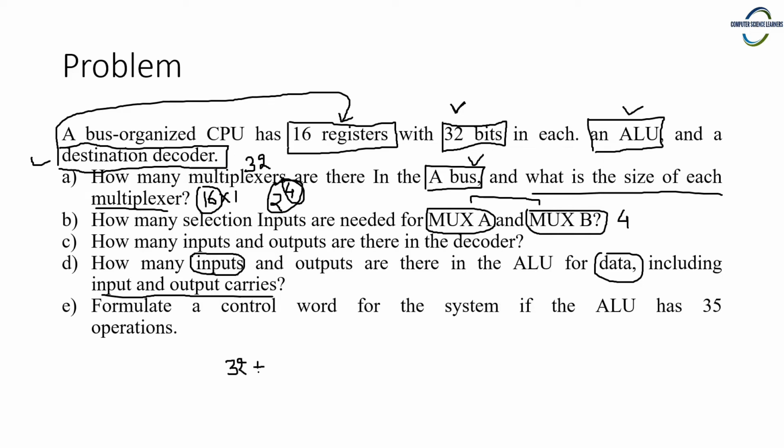Then for bus B also 32 bits. So two buses are there, so 2 cross 32. That is the total number of data inputs I'll be having. Plus there is an input carry, so I'll add 1. So it is going to be 65. Right, so these are the number of inputs.